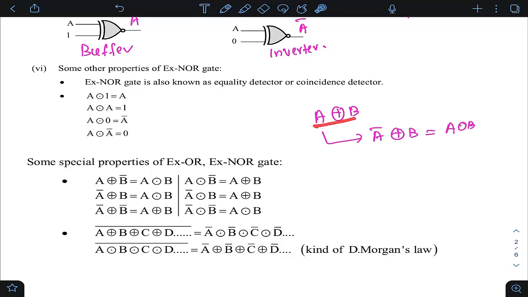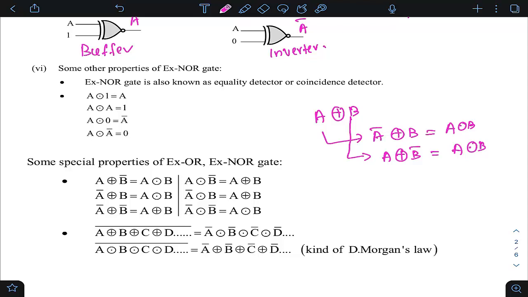You have A XOR B. In that, if you complement one of the variables, then XOR will change to XNOR. So if you complement this variable, then A bar XOR B will be equivalent to A XNOR B. It is not necessary that I have to complement A. If you complement B also, you get the similar thing. That is, if you find A XOR B bar, the answer is again A XNOR B. But when you complement both variables, XOR remains XOR.